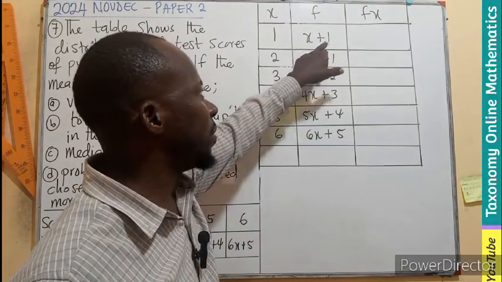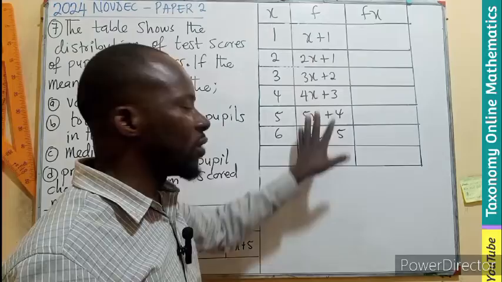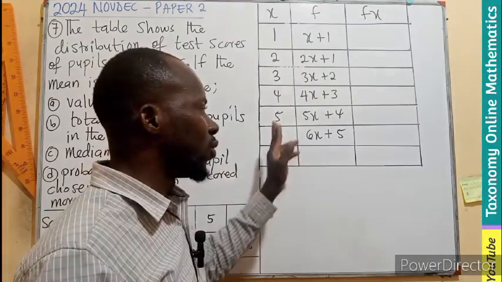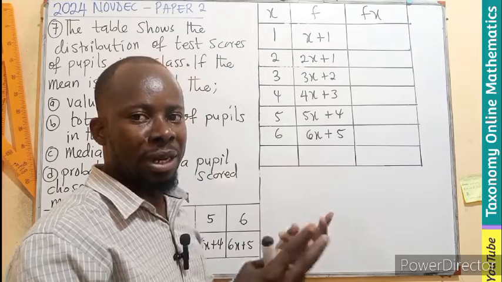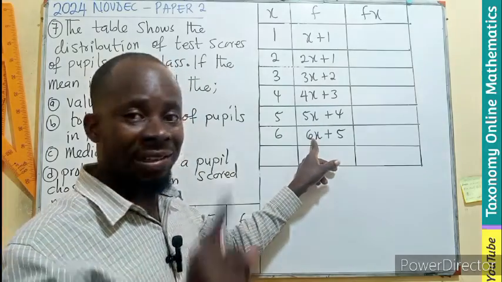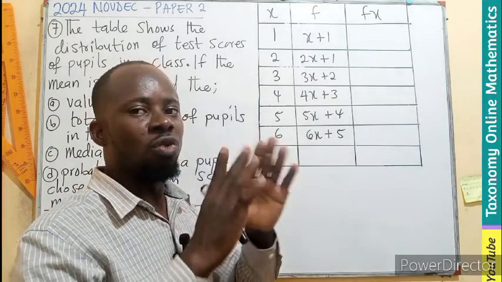So 1 times this. Remember the fx column is a binomial, so these single numbers will multiply each of the terms, meaning the 2 terms. This is not 3 terms, this is 2 terms. 6x is 1 term, 5 is 1 term.